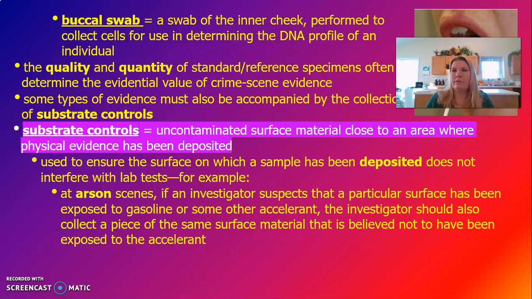We would go to that flooring and we would take a sample of that flooring that does not seem to have the evidence on it, but is close, but not in the evidence. And we would take that sample of flooring and we would look at how its particular chemical makeup may, not always, interfere with the testing that occurs on the actual evidence, which could be an accelerant in that floor.